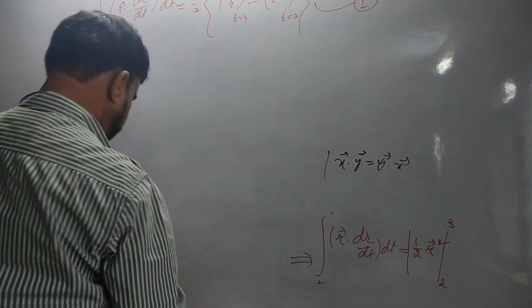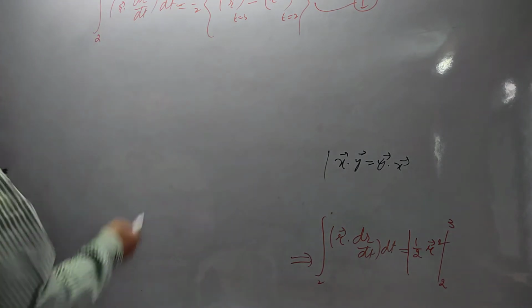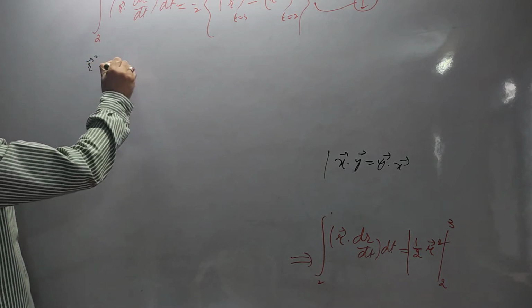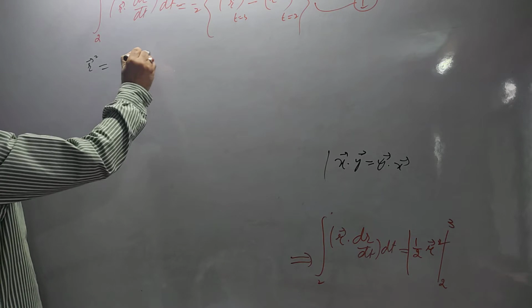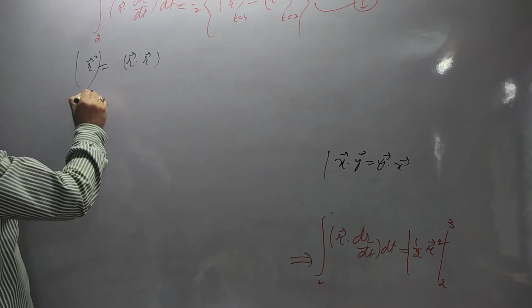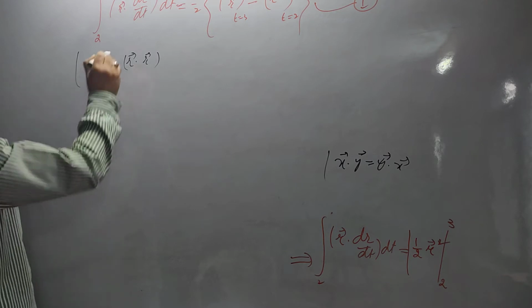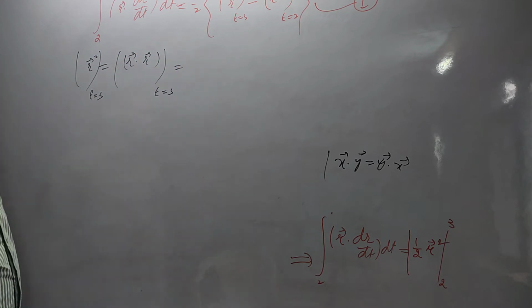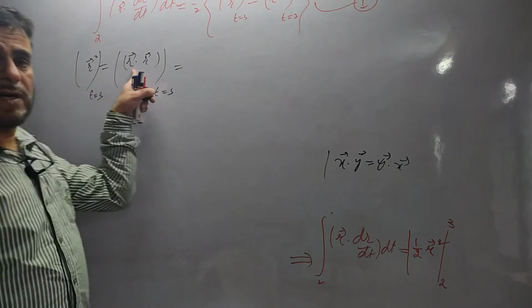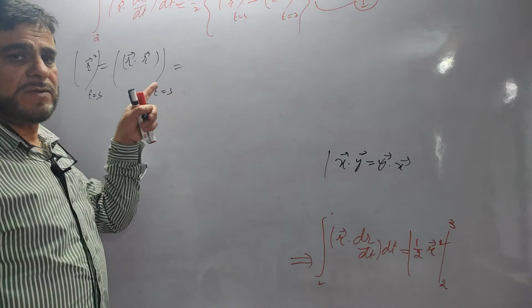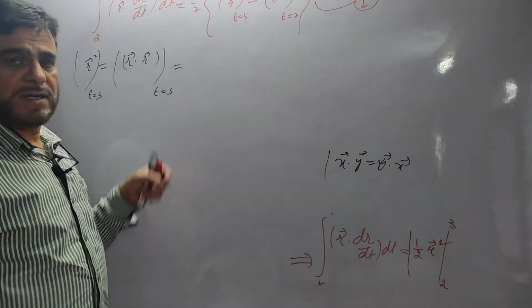Now let us see what my r square is. It is r dot r. If I write it at t equal to 3, I have to give the value of r here, where r is given for t equal to 3.